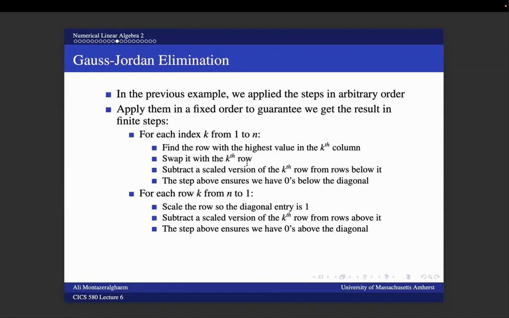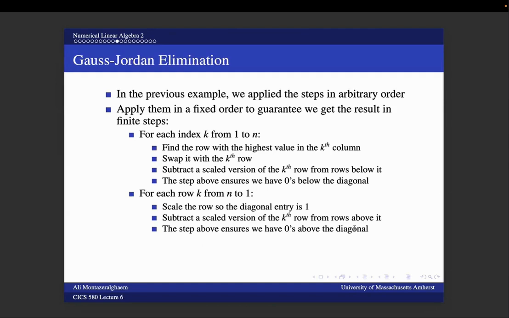And then we subtract a scaled version of the k-th row from the row below, and this step ensures that we have 0 below the diagonal. And then in the second for loop, we scale the row so the diagonal entry is 1, and then we subtract a scaled version of the k-th row from the row above it, and this step ensures that we have 0 above the diagonal, right?